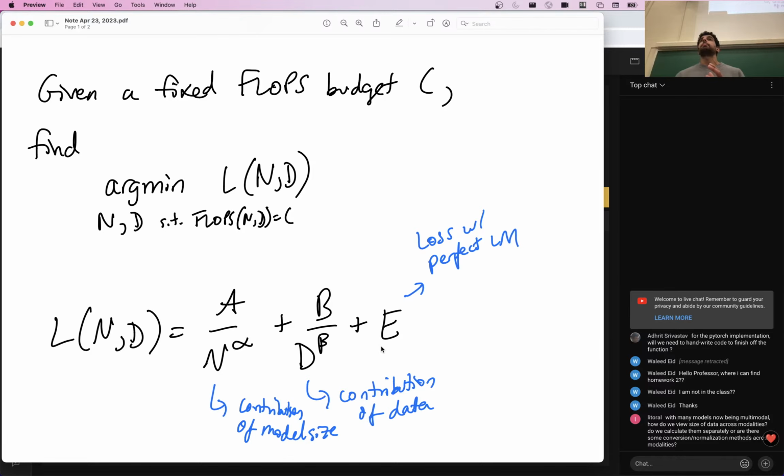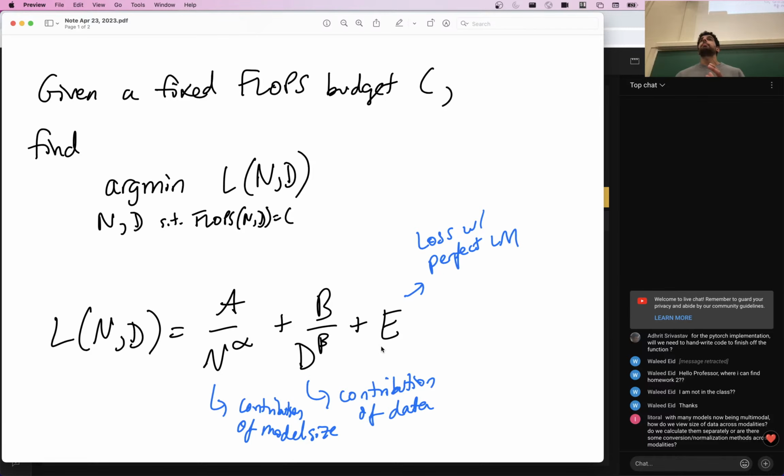So in our interpretation, that's the loss achievable by this perfect language model, not bottlenecked by model size or data set size. The alpha, the model size contribution, is 0.34. The beta is 0.28, and A and B are set to 400.